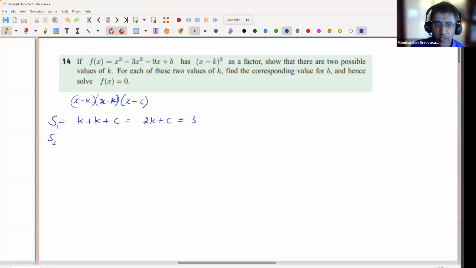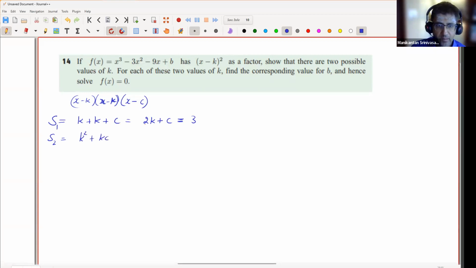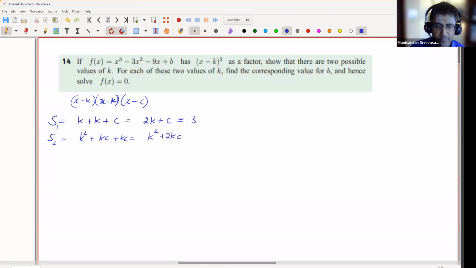Sum of roots taken two at a time is k into k plus k into c plus k into c, which is k square plus 2kc.